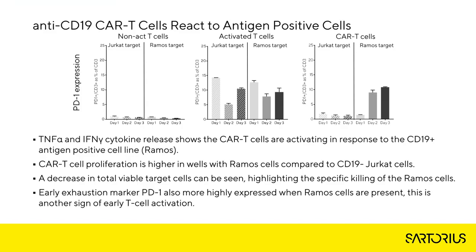Early exhaustion marker PD-1 is also more highly expressed when Ramos cells are present. This case study helps to identify an alternative use of the T-cell exhaustion kit, highlighting that it can be used to first identify activation of effector cells, before later time points identify the exhaustion of cells by decreased cytokines and increased late exhaustion marker TIM3.